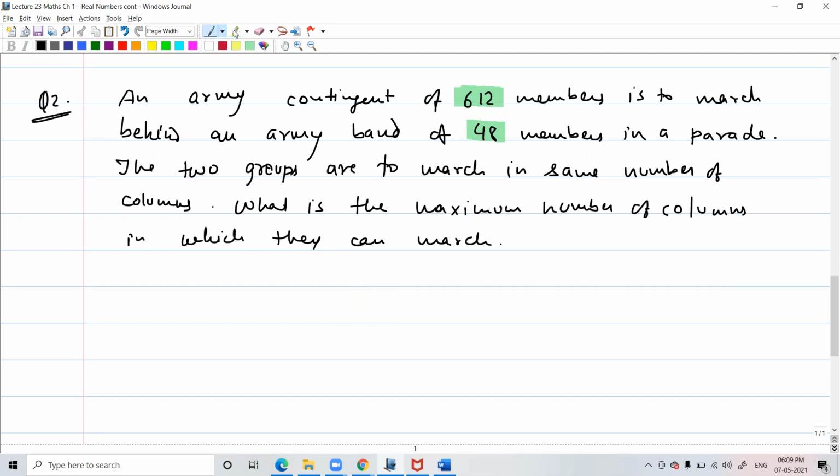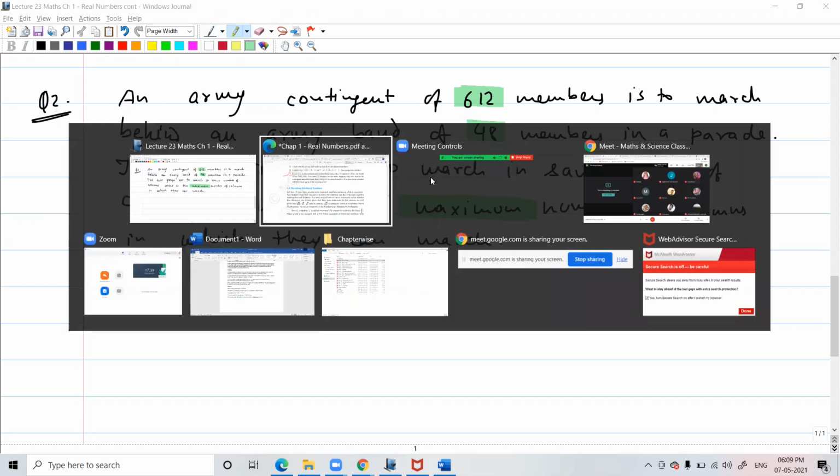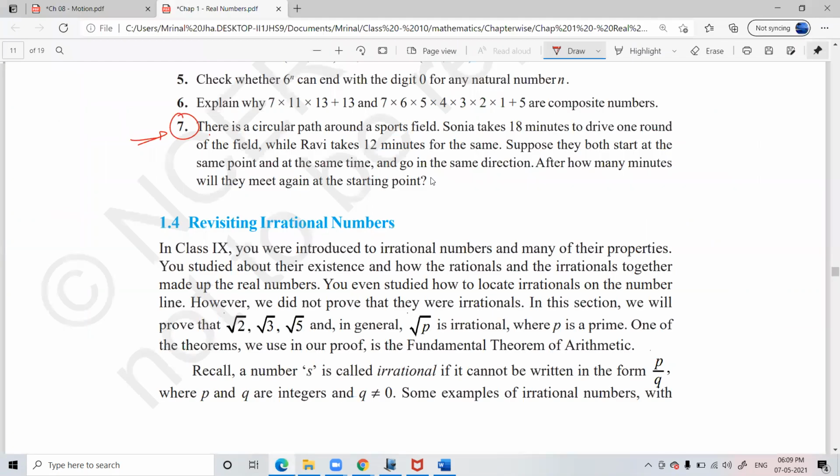And remember, whenever there is a question related to HCF, you will have the word maximum in that. They're looking for the maximum of something. For the LCM question, if you notice, they're saying after how many minutes they will meet again at the starting point. So it's not about finding the maximum of something, it's the first time when they meet.